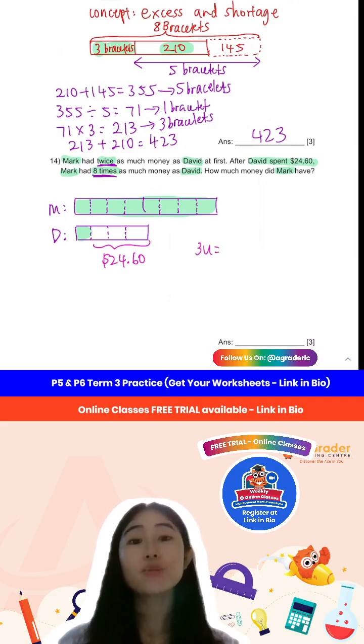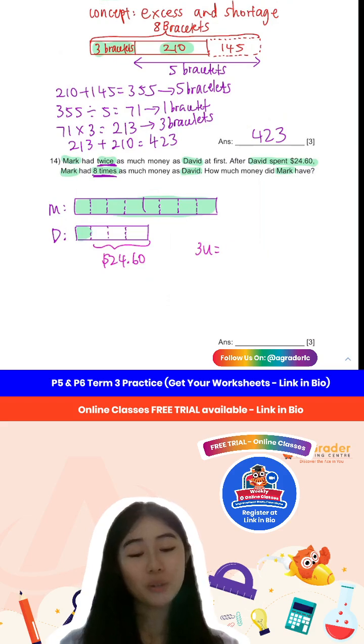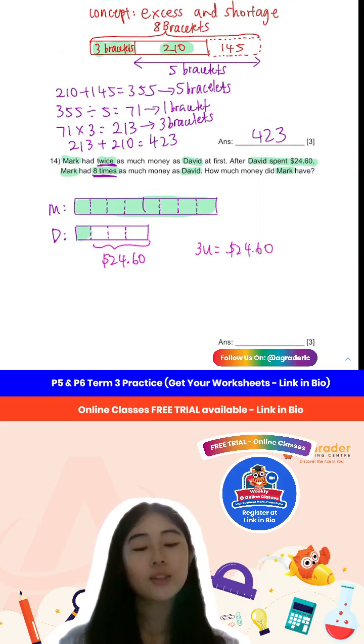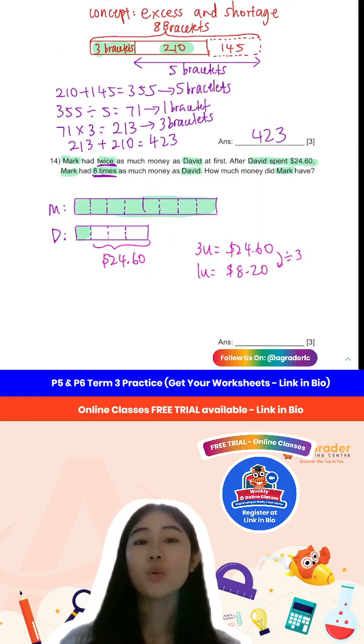Okay, so anyways, from this, you can see that 3 units is 24.60. So to find 1 unit, I'm just going to divide by 3. You should get $8.20 for 1 unit. So the last step is to find out how much Mark has, right?